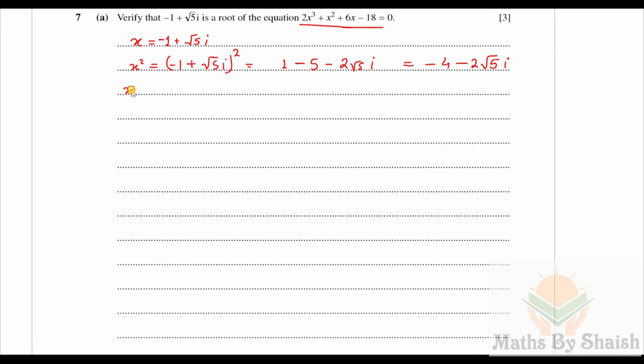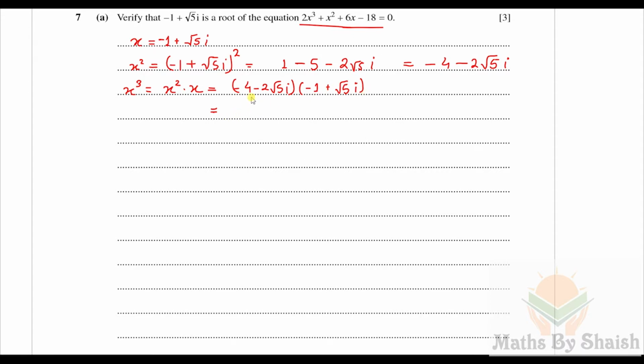And now the last one, x cube is going to be x square into x, so it is (-4 -2 root 5 iota) times x. We calculated x square earlier, and this is x.